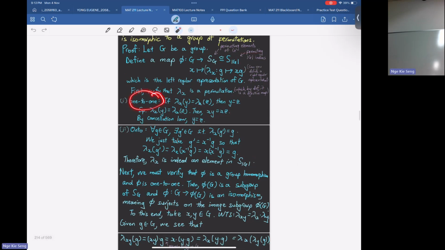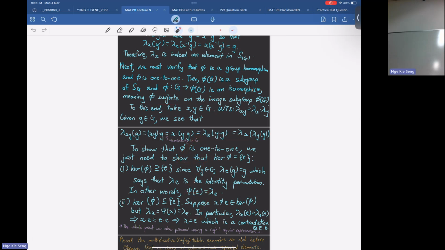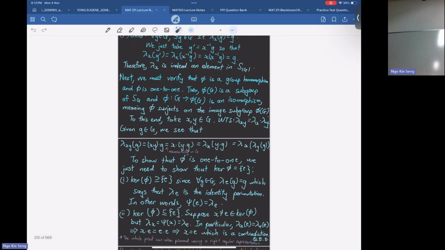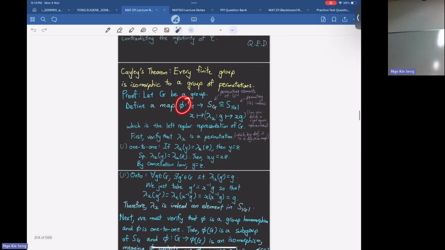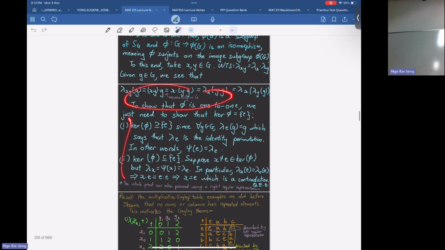Because once you have the whole picture, all these long proofs, you will automatically write them out. If you don't have it, if you remember one by one, it is very hard to construct this proof. The whole picture is showing two things only. This phi is an injective homomorphism, two things you need to do. This lambda x is a bijection, two things you need to do. So together there are four things you need to do: 1, 2, and then 3, 4.